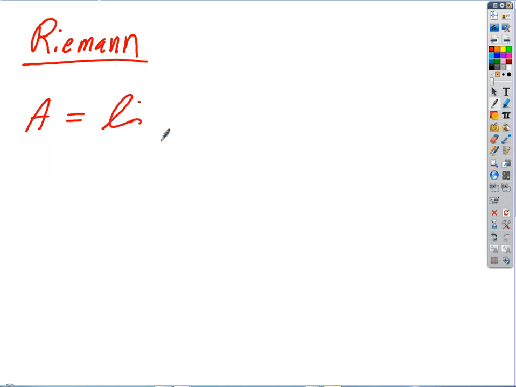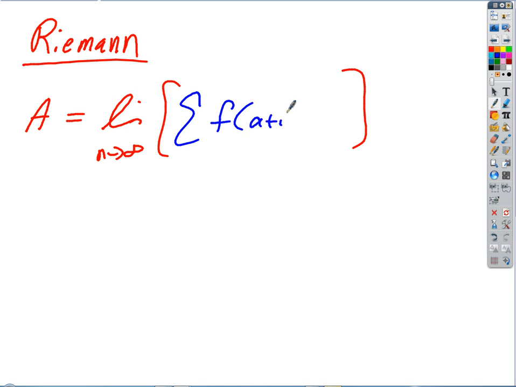And so then we can say in what's called a Riemann sum, that's our vocabulary word for probably next week, for the next assignment. A Riemann sum is just this: the limit of the sum of f of a plus i delta x times delta x, from i equals 1 to n.